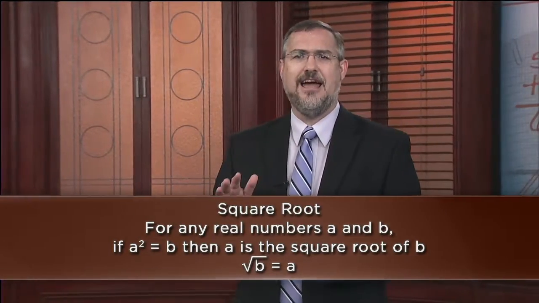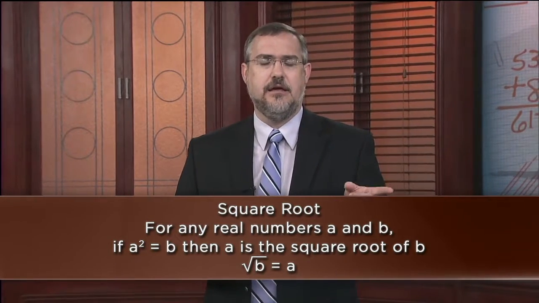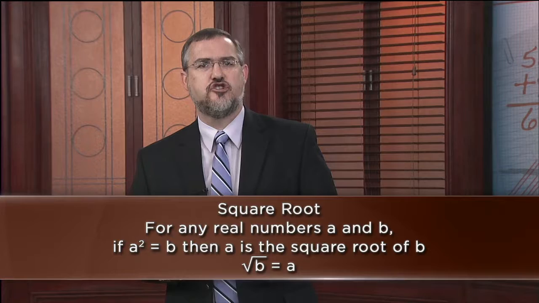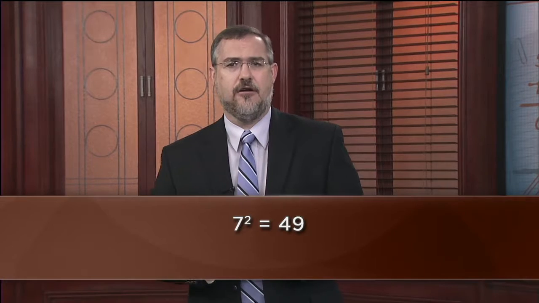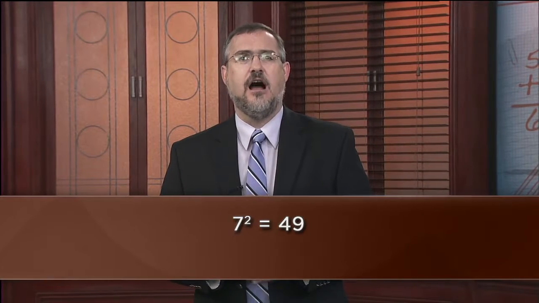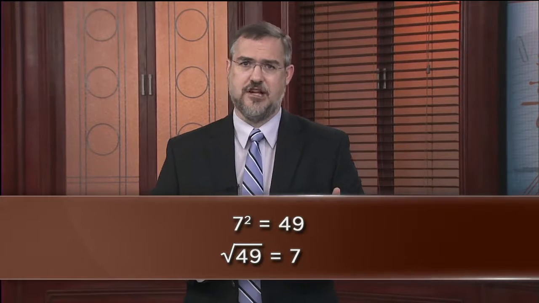Now, let me share with you a more formal definition of the square root. For any real numbers a and b, if a squared equals b, then a is a square root of b. So, for example, since I know that 7 squared equals 49, I also know that the square root of 49 equals 7.